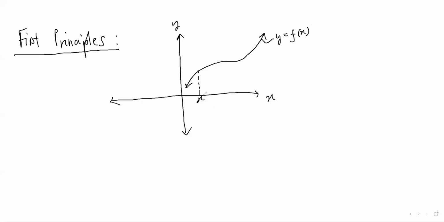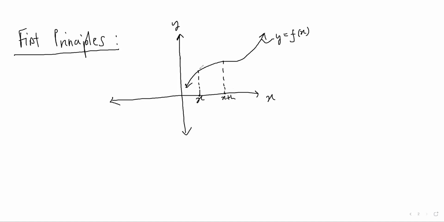So the point here on the x-axis is this x. And let's choose another point. Let's say this point here is the point x plus h. So on the x-axis, over here we have x, and over here we've got x plus h.